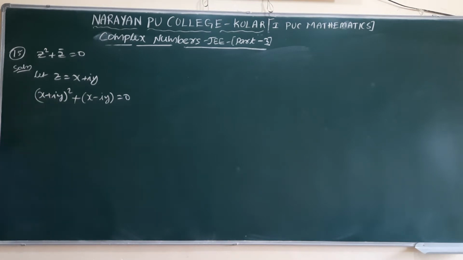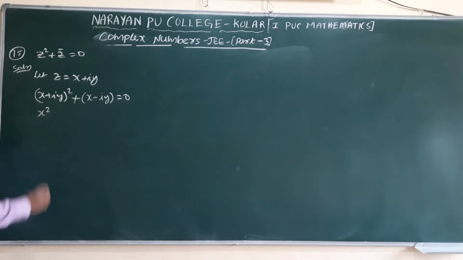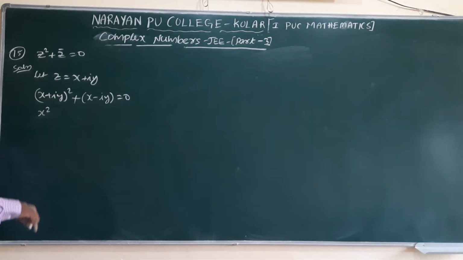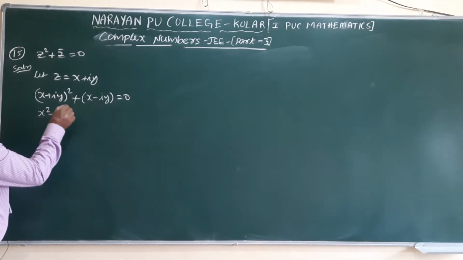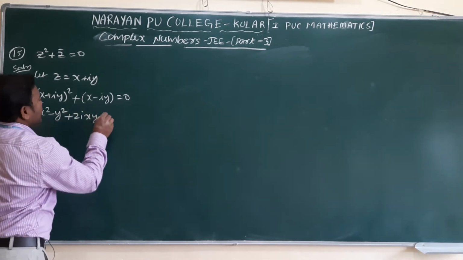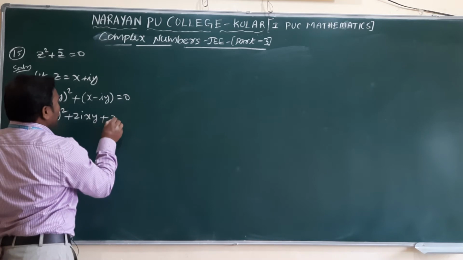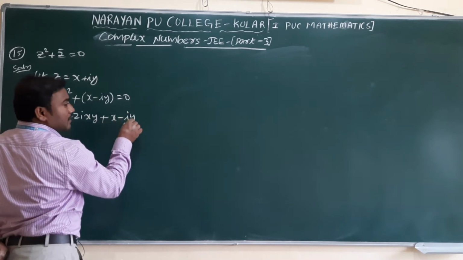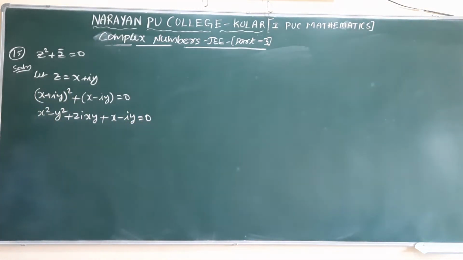In the form of (a plus b) whole square, x square plus (iy) whole square, where i square is minus 1, so minus y square plus 2i into xy plus x minus iy is equal to 0.